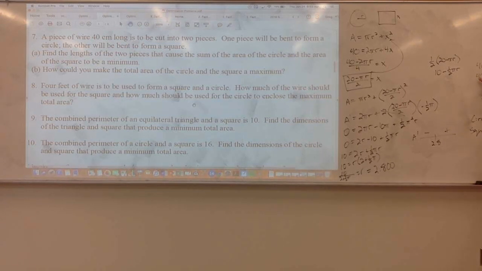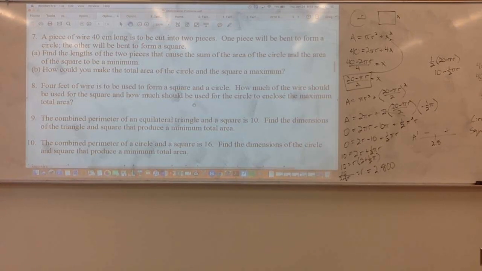I just subtracted that from 40. Or we could have taken this and multiplied by 4. If we take this and multiply by 4, though, we would get 22.408. Okay. Are we okay with that?